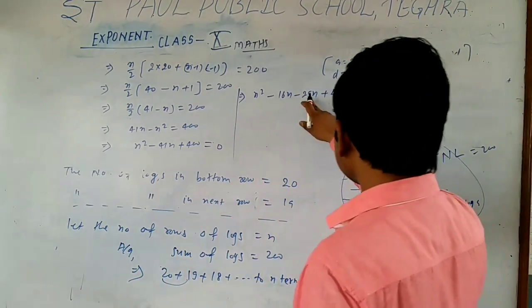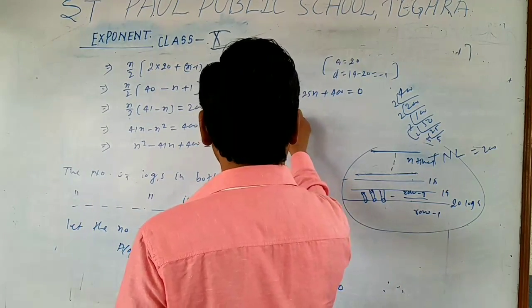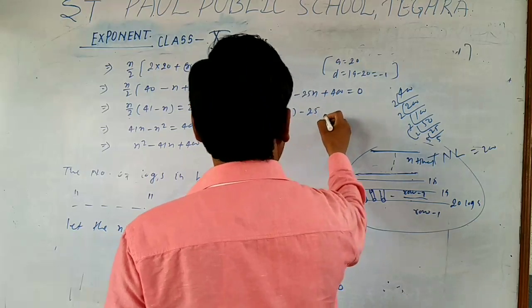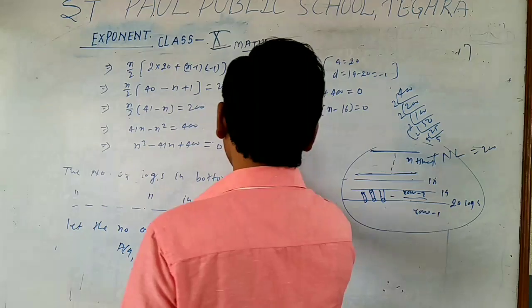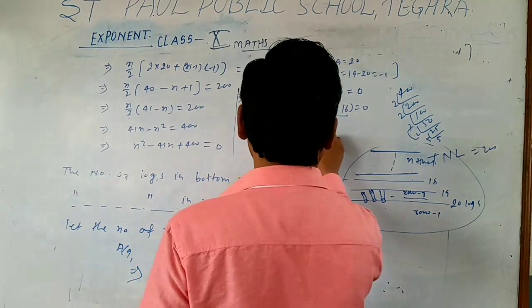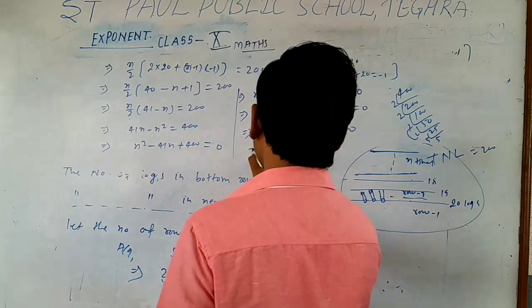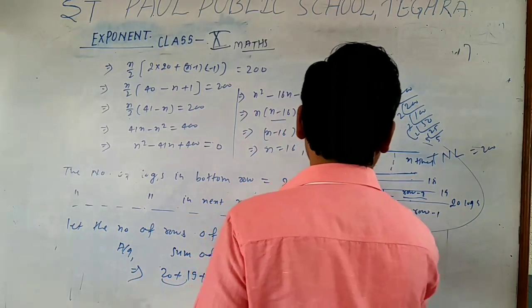This becomes n by taking common n minus 16, and by taking common 25, n minus 16 into n minus 25 equal to 0. This gives n equal to 16 and n equal to 25.